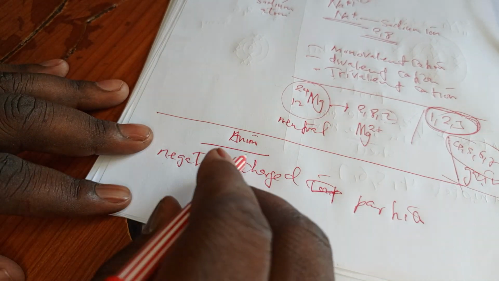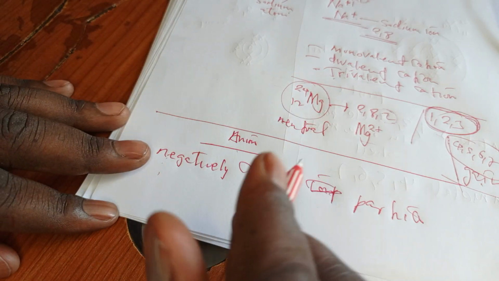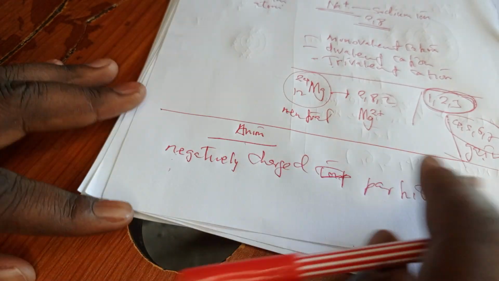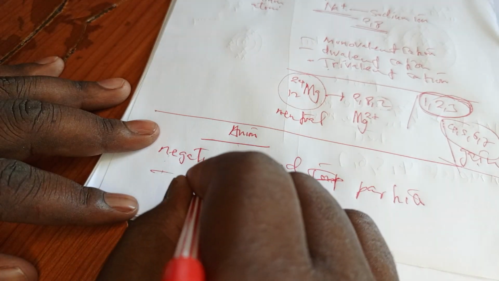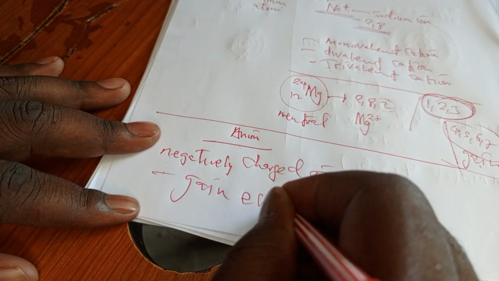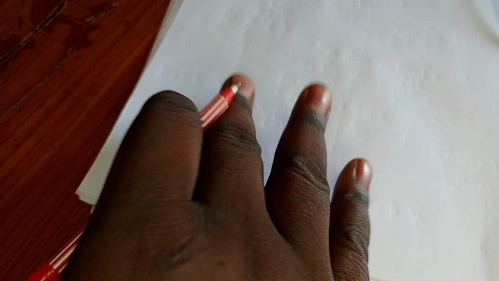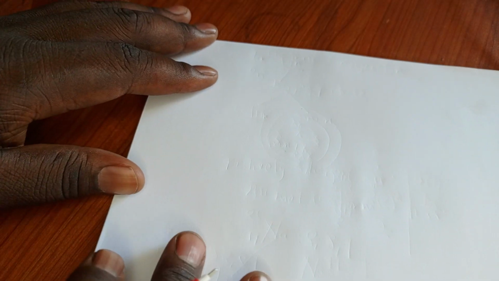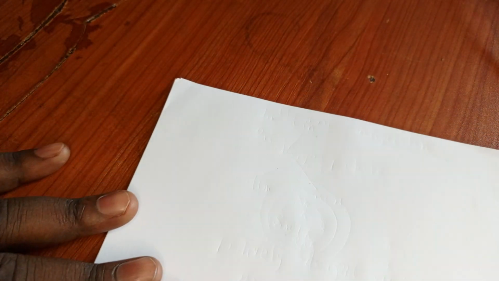So an anion is a negatively charged particle. All nonmetals gain electrons. After gaining electrons, they form a negatively charged particle.